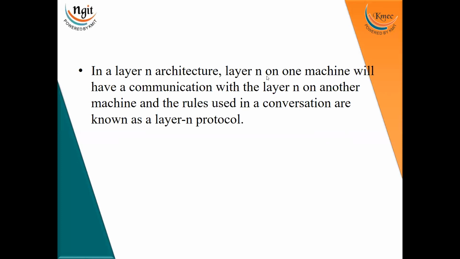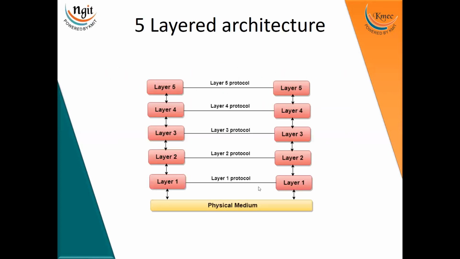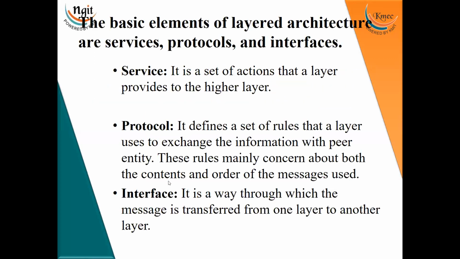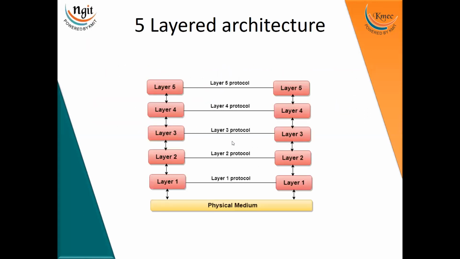This layer N may be layer 1 or layer 2 or any layer N. In that case, layer 1 will communicate with layer 1, as well as layer 5 with layer 5. Understand? Whenever we have a communication, it follows this protocol, that means a set of rules.